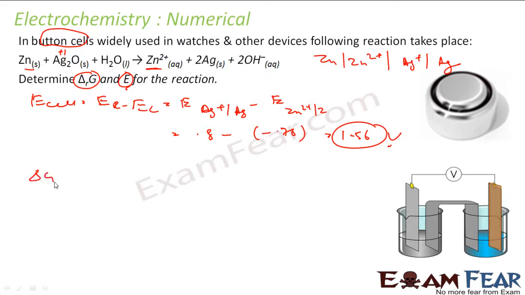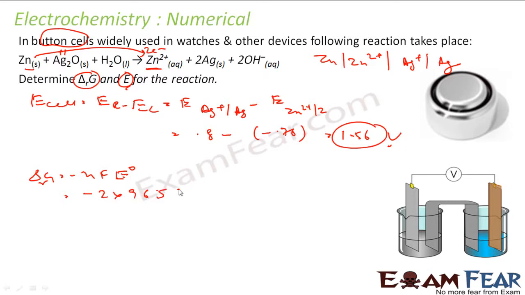E is done. Delta G is nothing but minus n F E naught. And n is what? How many electrons? If you see, there are 2 electrons. Zinc gives Zn2+ plus 2 electrons. 2 Ag+ becomes Ag, 2 electrons. There is 2 electron transfer. Minus 2, n is 2.